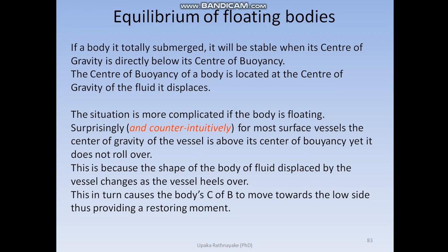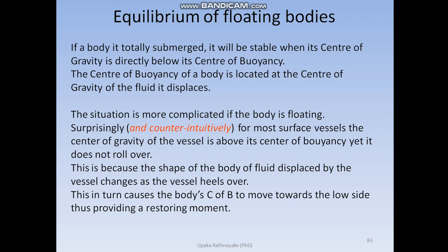Now let us move to the most important section which we are going to discuss. It is the equilibrium of submerged bodies. We can have two types of objects depending on the amount of submergence. The first is partially submerged, the second is fully submerged. Let us first look at the fully submerged case.